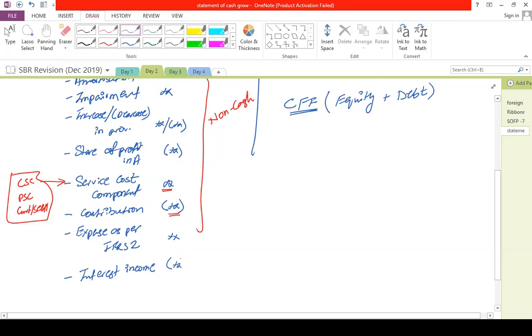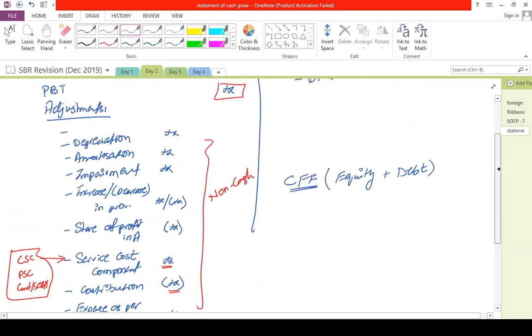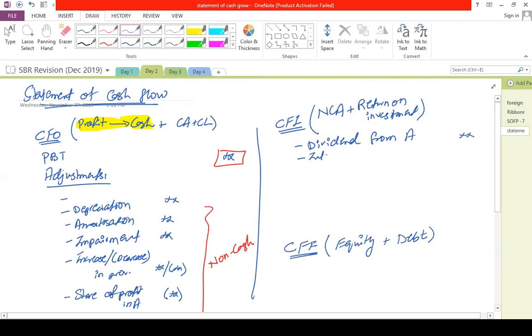So we deduct that interest income from the operating activities, and instead we add it in the investing activities. So whatever interest we have received is what we call the investing activity. So there are certain items which we need to remove from the operating and instead add in the investing ones.